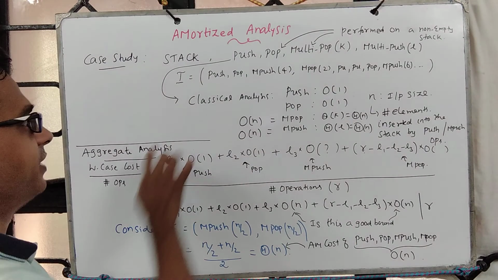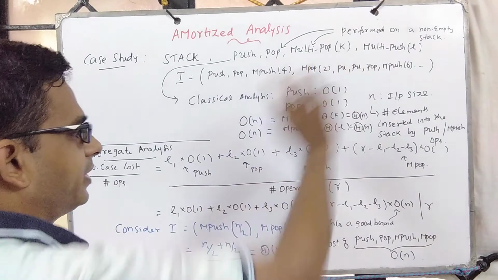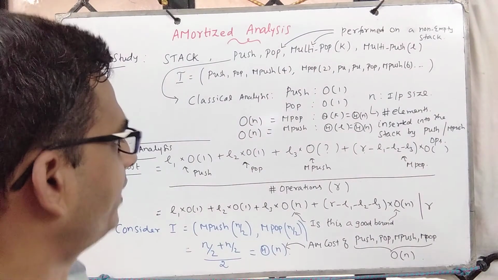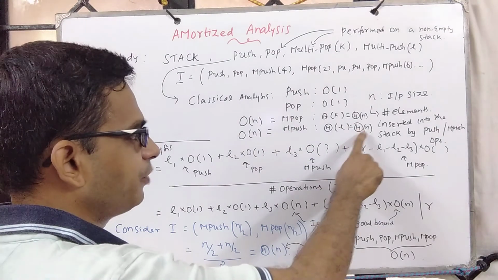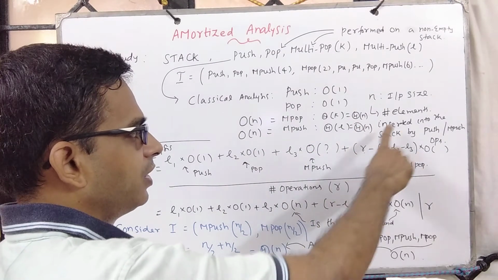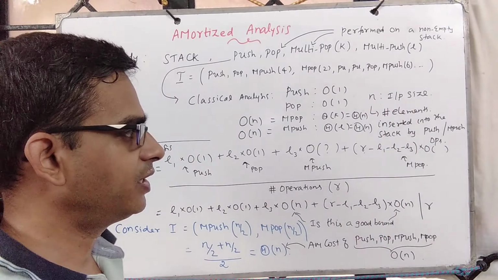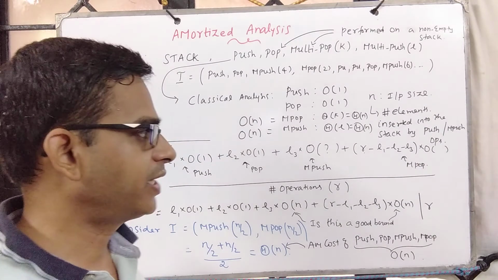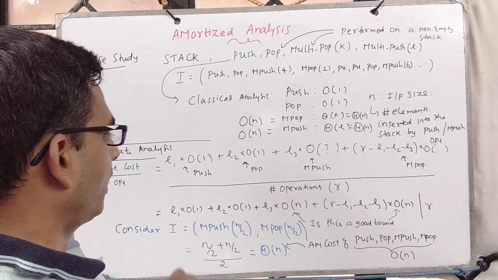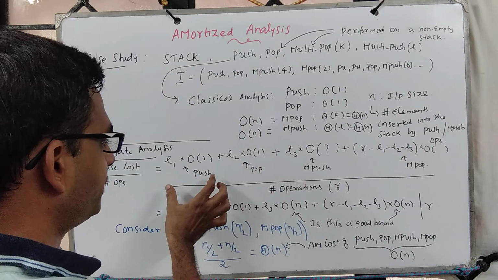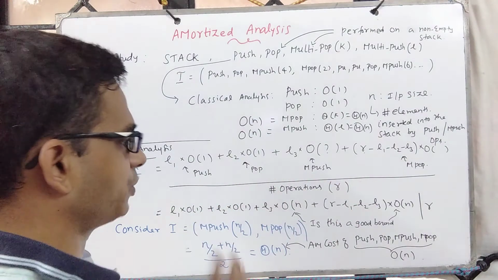So the case study is stack, and the supporting operations are push, pop, multi-pop and multi-push. And multi-push and multi-pop can be a function of n. How do we fix the input size? Input size we fix by looking at the number of elements inserted over push and multi-push operations taken together. For a given input sequence, we don't know how many pushes are happening, how many pops, how many multi-pushes, and so on.